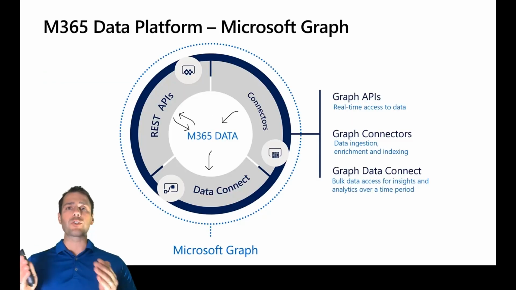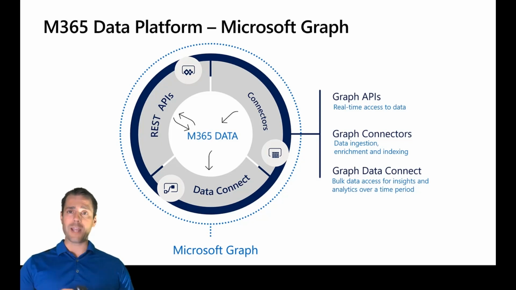When you think of the Microsoft Graph, there are really three pieces to the story. The first one, which is the top left part of this diagram, is the REST APIs. The REST APIs have been around for a couple of years now, and essentially what they allow you to do is to perform CRUD operations on the Microsoft data. They're using REST endpoints that you can use in your applications.